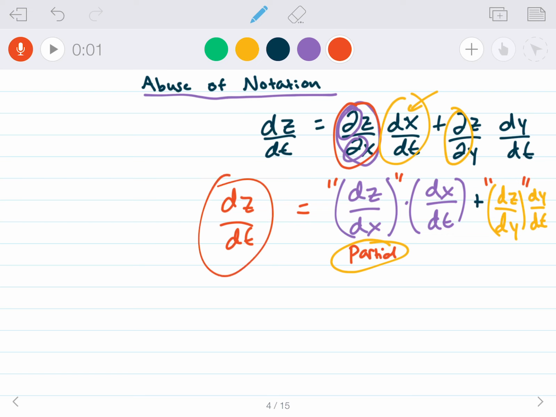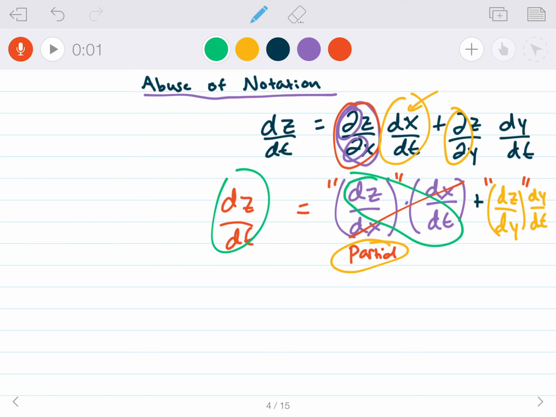So for example, dz dt: you can see with these x terms right here that along the diagonal, if those quote-unquote cancel out, you see the dz dt right there. And same thing over here. If these cancel, you can see the dz dt. So even though this notation isn't technically correct, it is going to help you when you go about solving more general chain rule problems.